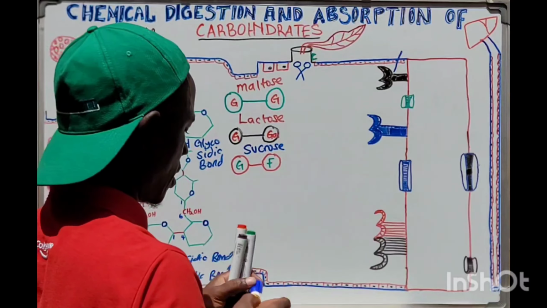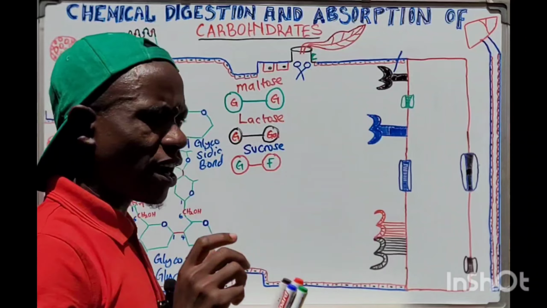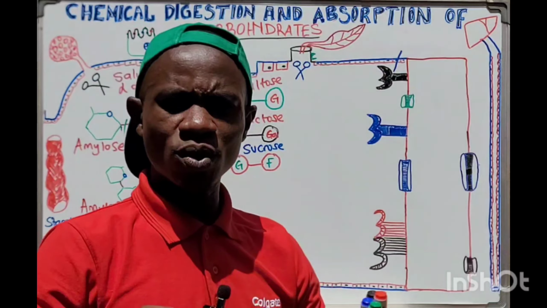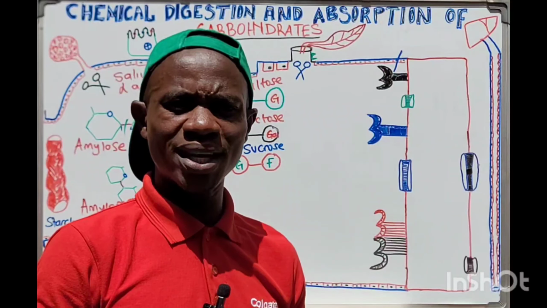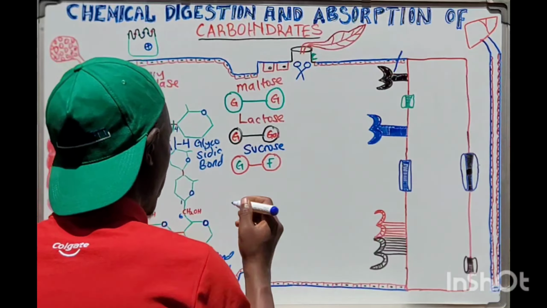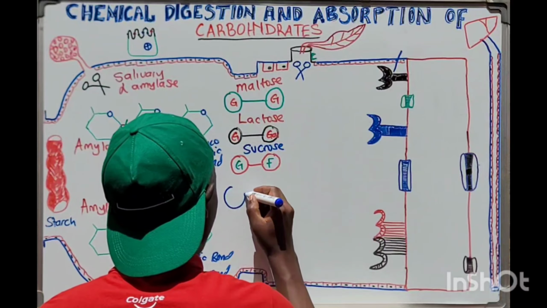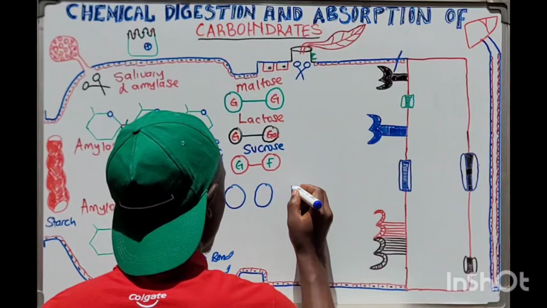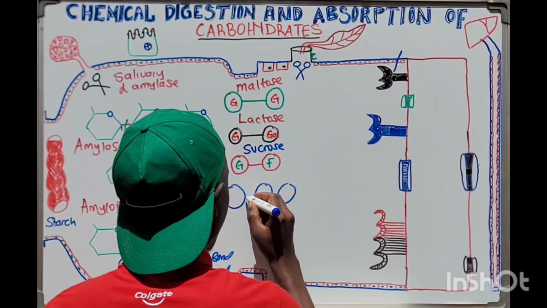Super very important. Now, we also have what we call oligosaccharides. Oligosaccharides are going to have three monosaccharides linked together and above. We have the following. We have this molecule, which is going to have three sugar molecules linked together.